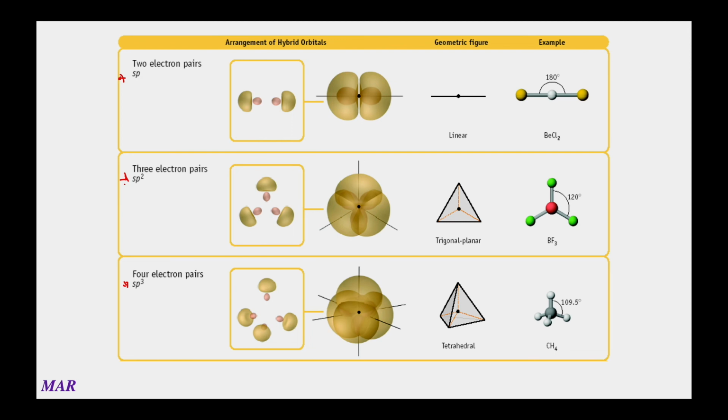They're going to be as far apart from each other as they can, so it takes up linear, BeCl2. And then under that, you have the BF3 and CH4 examples we talked about earlier. The punchline of hybridization, though, is the electron pair geometry will help you find the hybridization. So anytime you have a linear electron pair geometry, it will be sp. And anytime you have a tetrahedral electron pair geometry, it will be described as sp3.